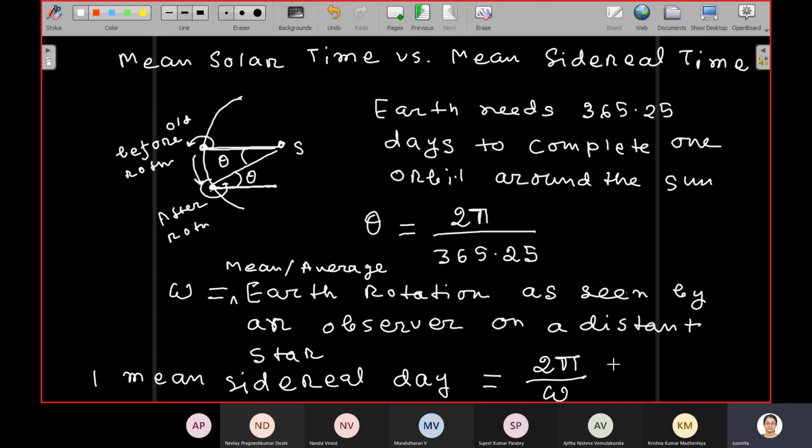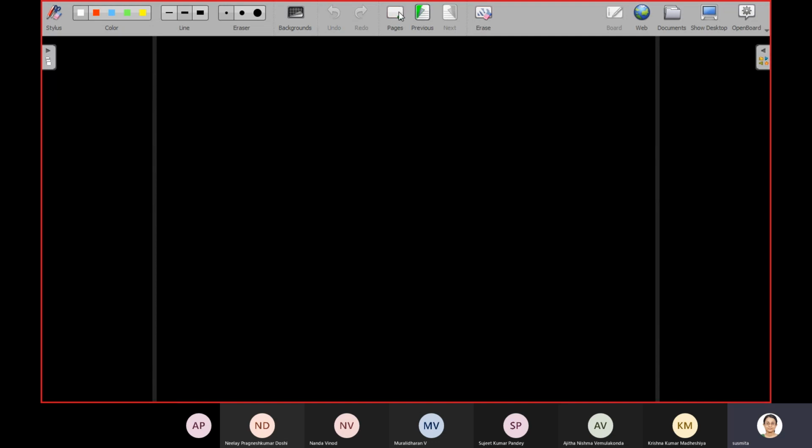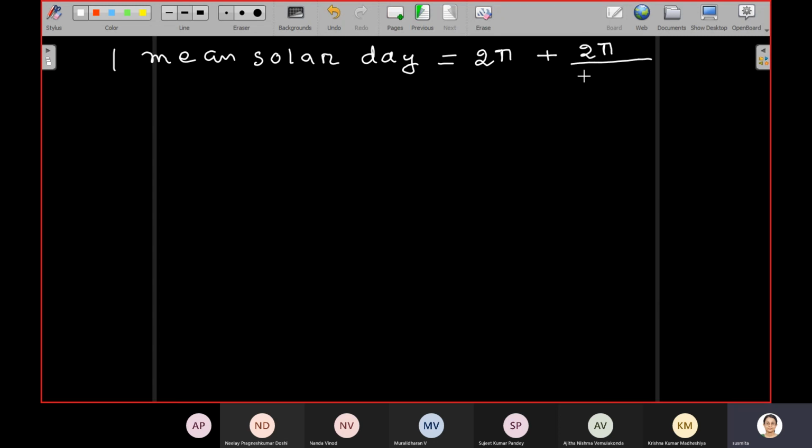But how about the solar day, mean solar day? In case of mean solar day, the earth has to rotate some more angle, right, theta. So it is 2 pi plus this angle 2 pi by 365.25, whole thing divided by omega. This is the extra angle that the earth has to rotate about its axis to see the sun on top again.